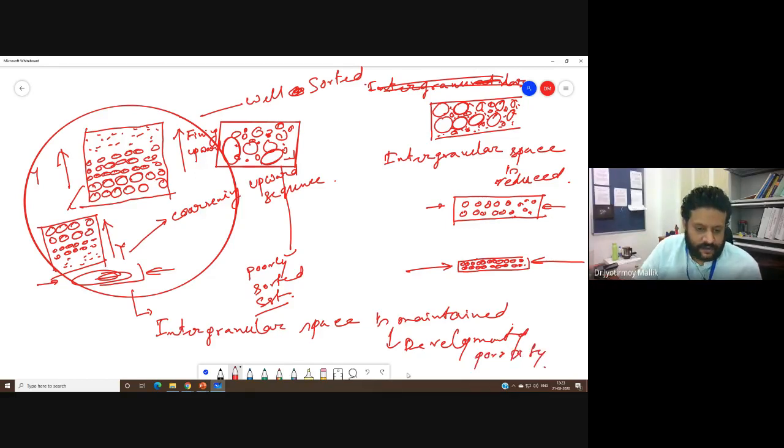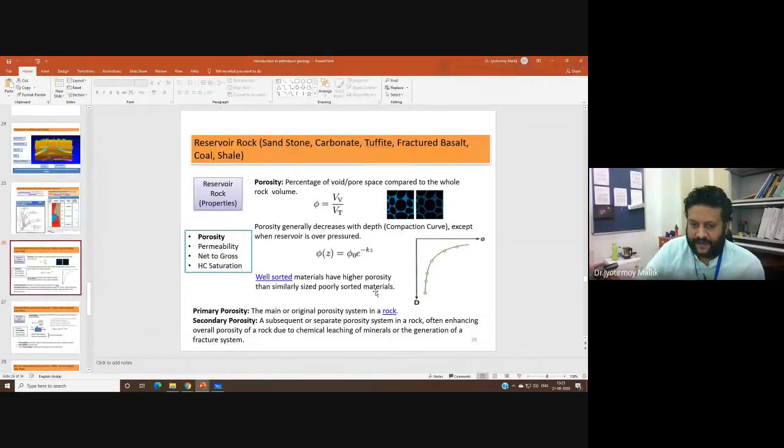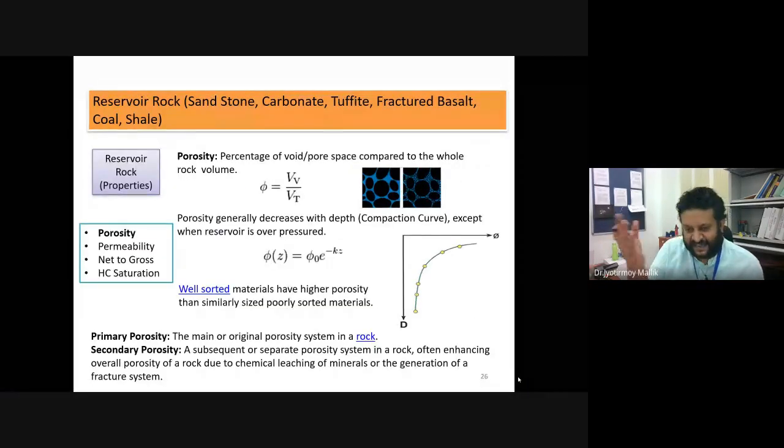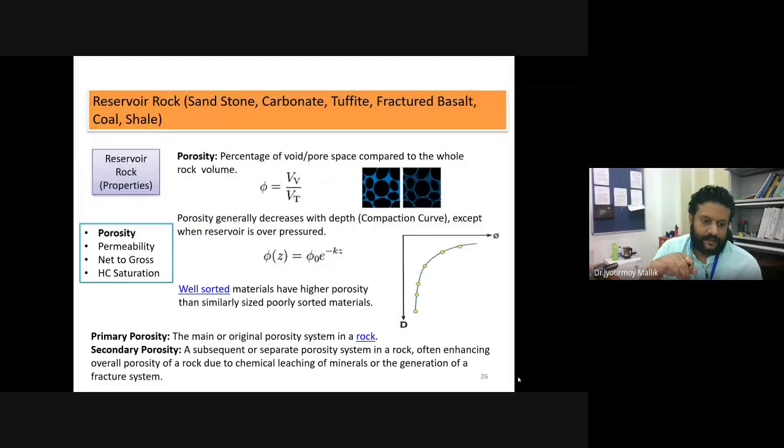Okay. So if my sandstone is well sorted, I will find better porosity. And then the porosity will decrease with depth. The porosities can be of two types. One we call primary porosity, the main or the original porosity in a rock, which forms generally due to the deposition of the rock.